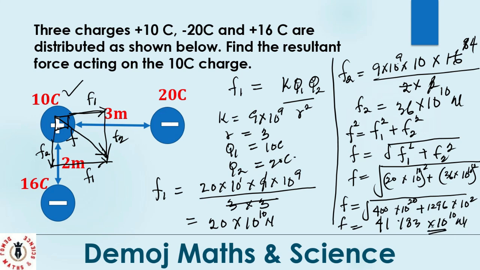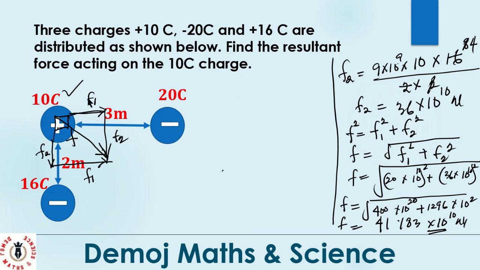That's the resultant force. But to actually determine the resultant, we need to talk about the angle at which this force is acting. So we can define theta this way, so that from trigonometry, we know that tan theta is the same thing as F1 over F2.